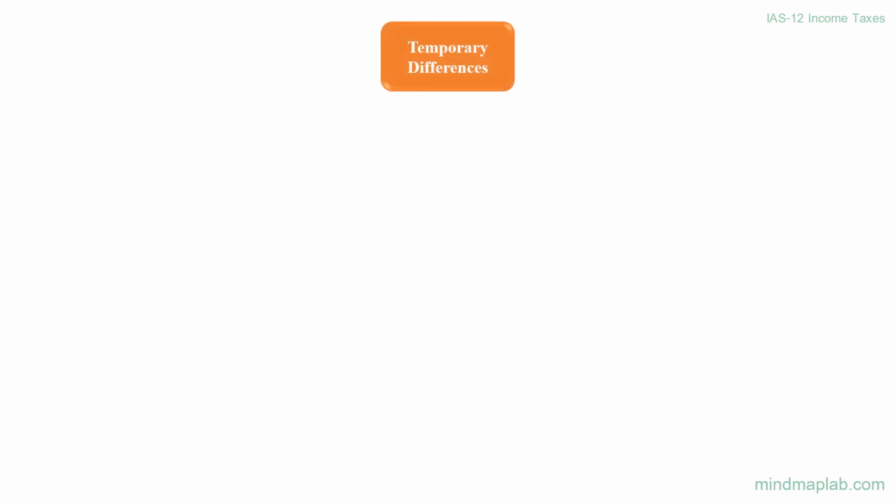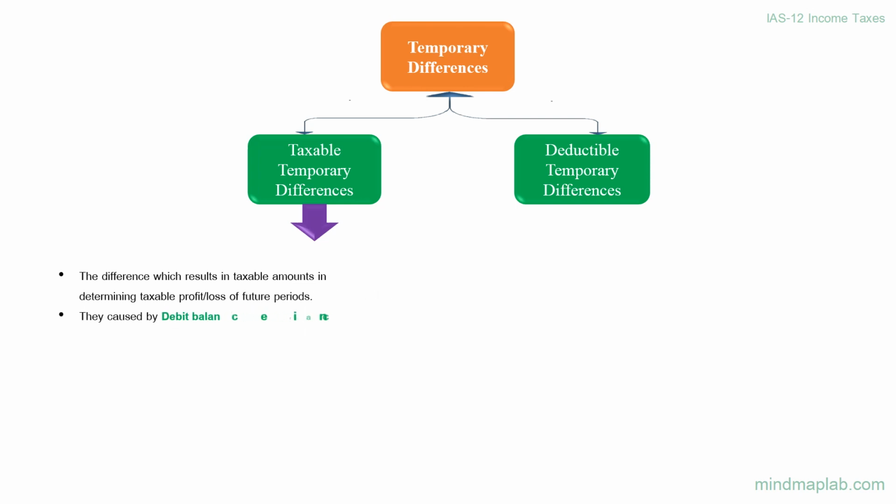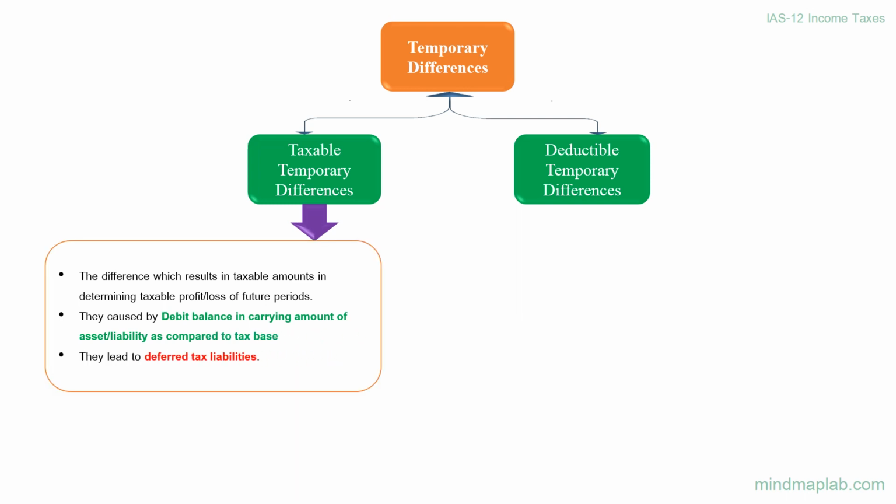Temporary differences are either taxable temporary differences or deductible temporary differences. Taxable temporary differences are differences which result in taxable amounts in determining taxable profit or loss of future periods. They are caused by a debit balance in the carrying amount of an asset or liability as compared to the tax base.